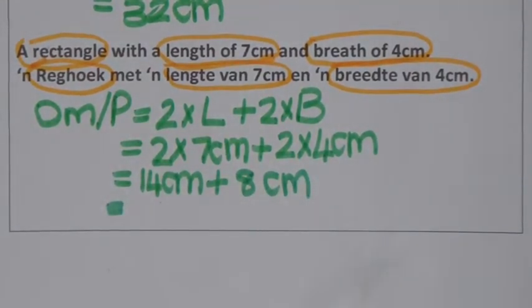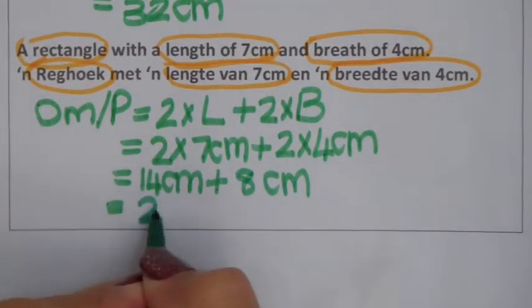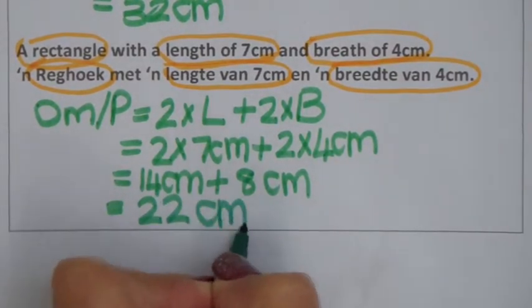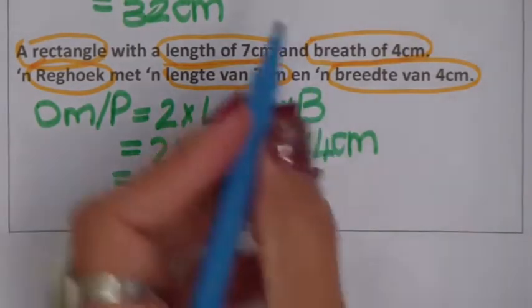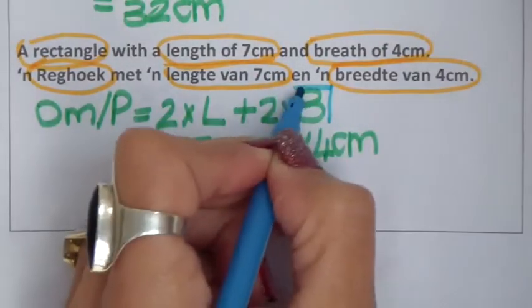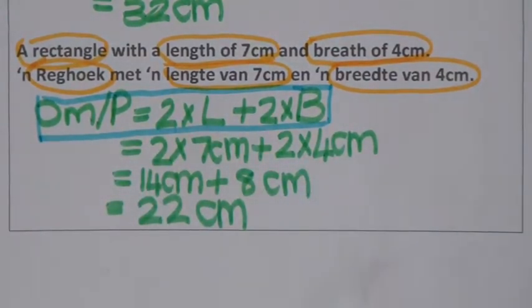And if I add them, please add them carefully, dan kry ek 22 centimeter. 22 centimeters. Again, I'm just going to highlight this, your formula is crucial. Jou formule is baie belangrik.